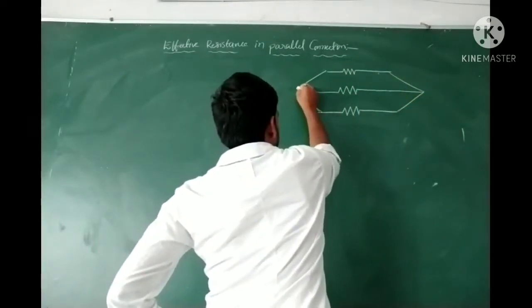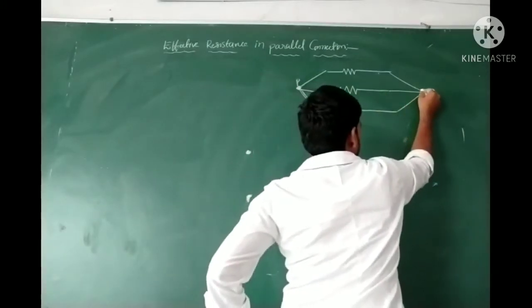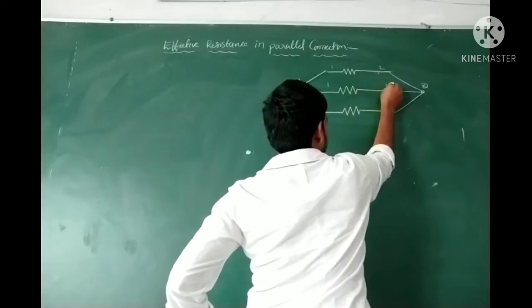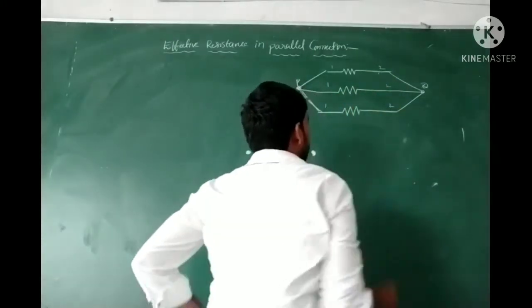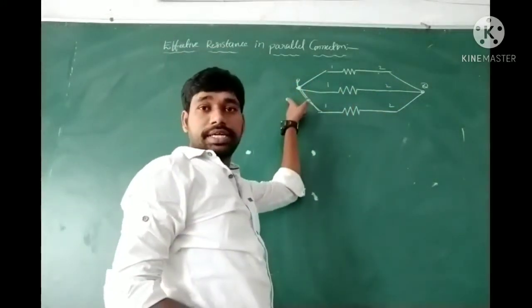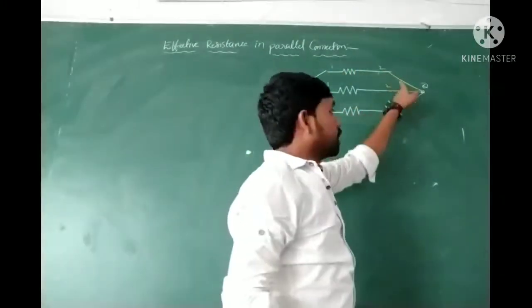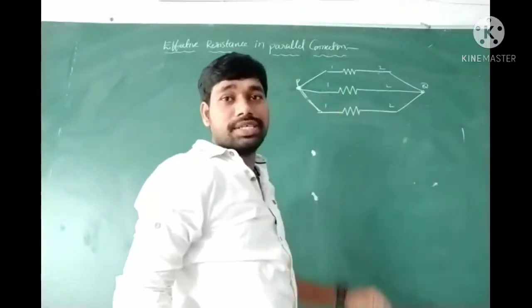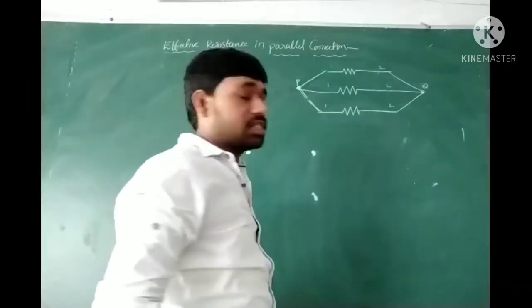This is the point P, and this is the point Q. This is the first terminal, this is the second terminal, first, second, and another second terminal. All first terminals are connected at one point, all second terminals are connected at one point. Such a connection we call a parallel connection of resistance.